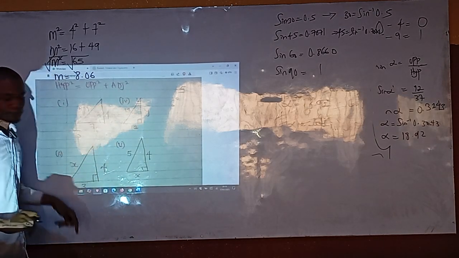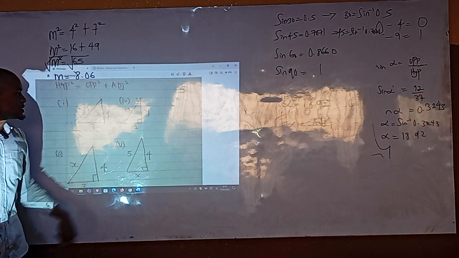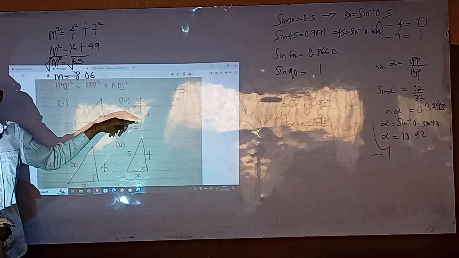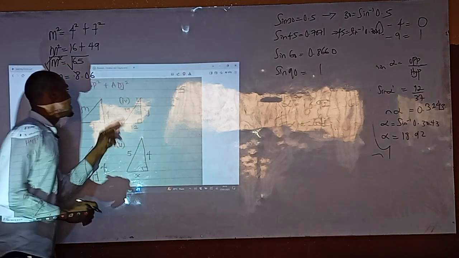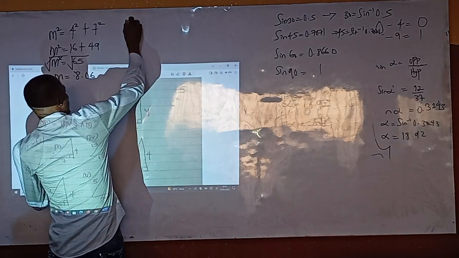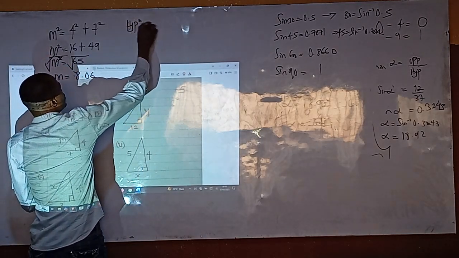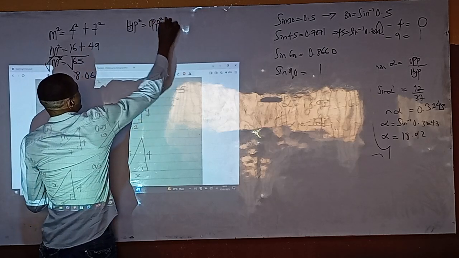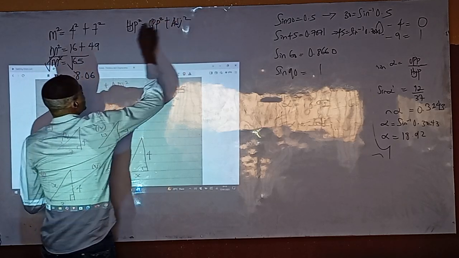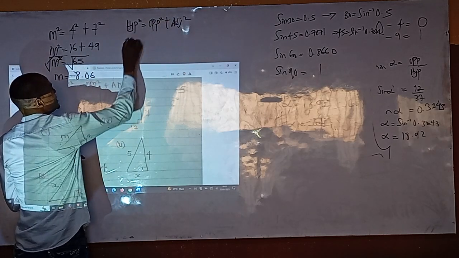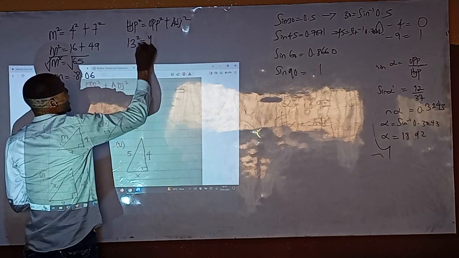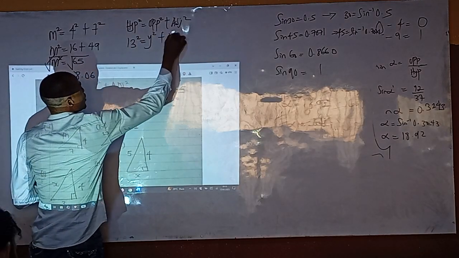How can I get this y over here? This is opposite, right? Opposite. And therefore, I'll use my formula. What is my formula? Hypotenuse squared equals what? Opposite squared plus what? Adjacent squared. Hypotenuse is what? 13 squared. Opposite is what? Y squared. Adjacent is what? 12 squared.